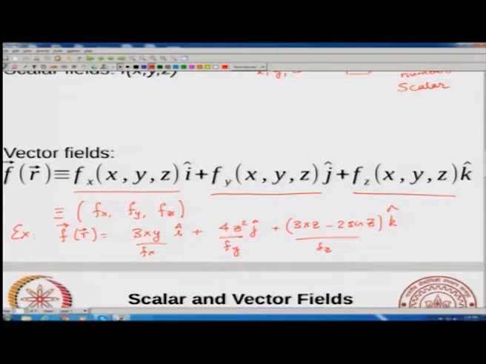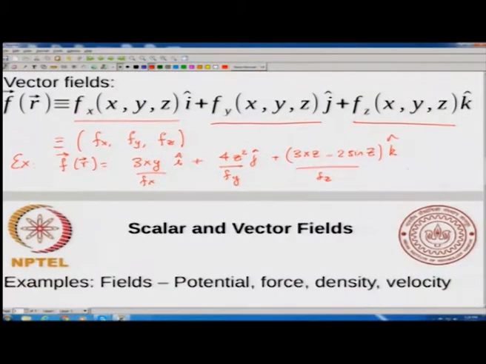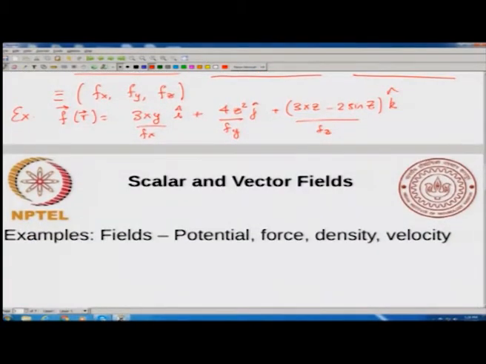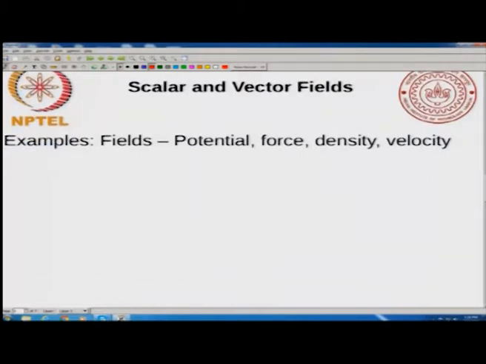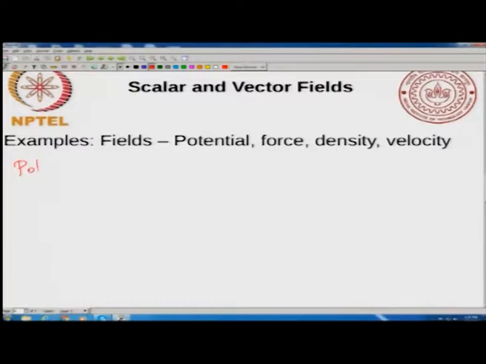So these are 2 ways you can define functions of vectors. Okay. And now we have these scalar and vector fields, and where do you see these? So, the most common example of scalar and vector fields which you will encounter is in potential theory. So, the potential energy at a point in 3D space is written as V of x, y, z.